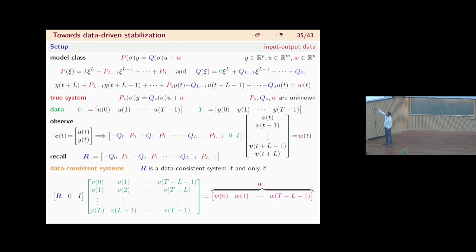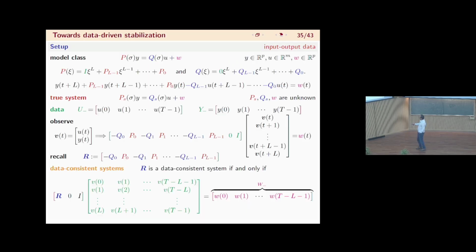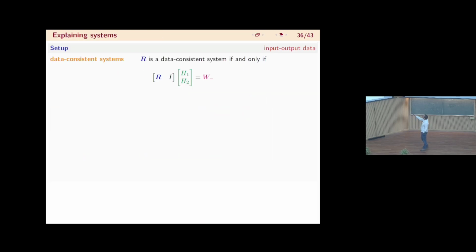V of L is U of L, Y of L. This 0 is going to get rid of U of L. So I'm going to have Y of L. So if I define this part as H1, then it is going to be R times H1 plus the Y vectors, which I write as H2, that needs to be equal to W minus.